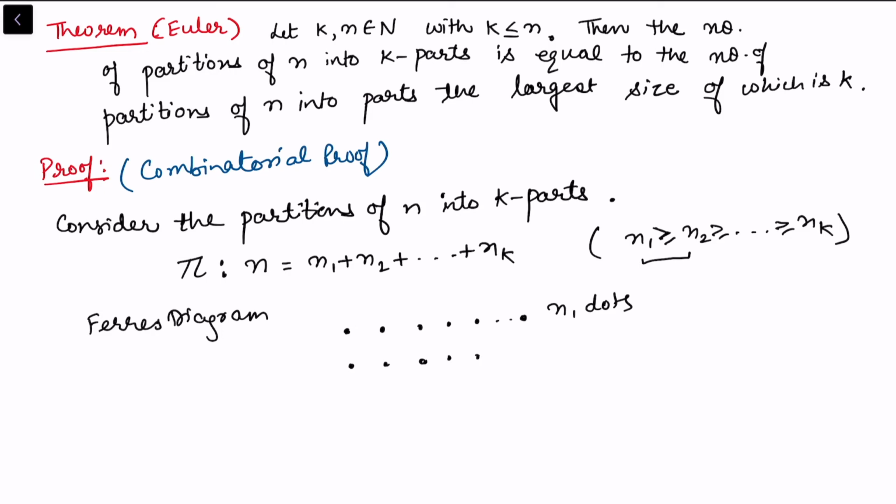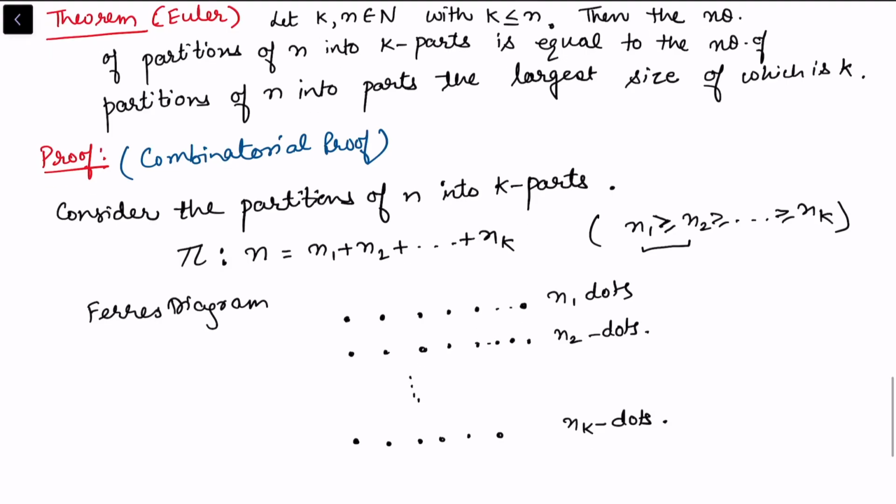Without loss of generality we can just draw the dots, doesn't matter. We call this n2 dots, and we follow a similar pattern, and then we have the kth row, because we know that there are k parts. So there will be k rows and the last will have nk dots. So we have drawn the Ferrers diagram.